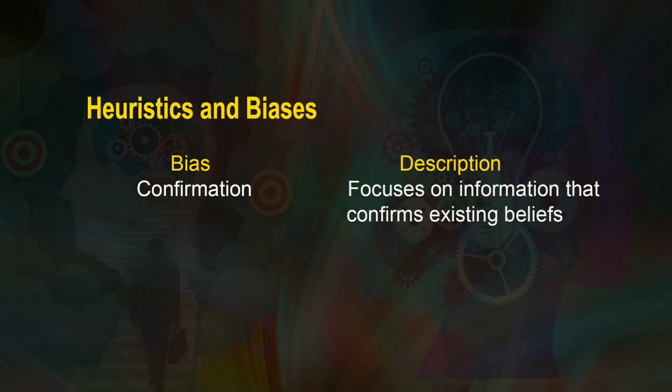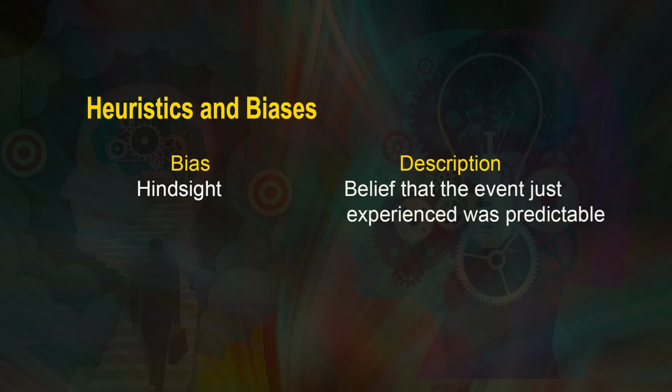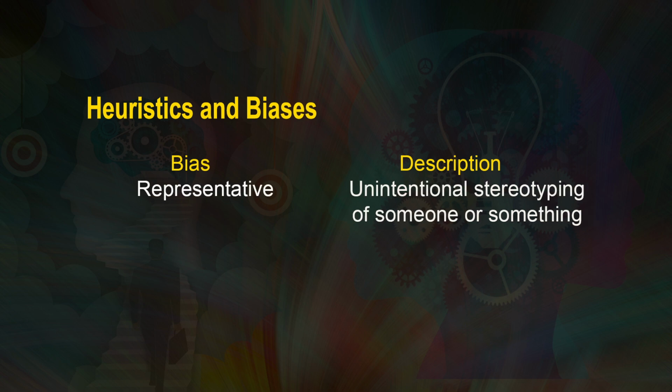The second bias, confirmation, means focusing on information that confirms existing beliefs. The third bias, hindsight, means belief that the event just experienced was predictable. The fourth bias, representative, means unintentional stereotyping of someone or something.